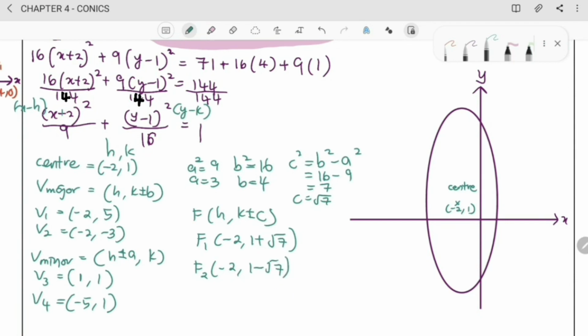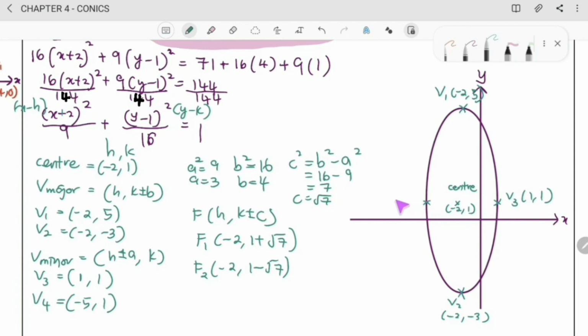Okay, so now we are going to label it. So we have v1 here will be on the positive side, which is negative 2, 5. And then we have v2, which is negative 2, negative 3. And we have here v3, which is 1, 1.